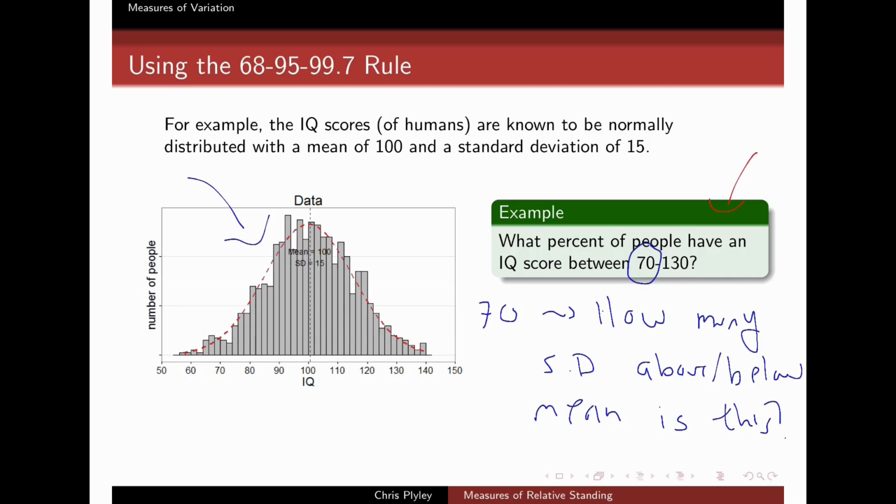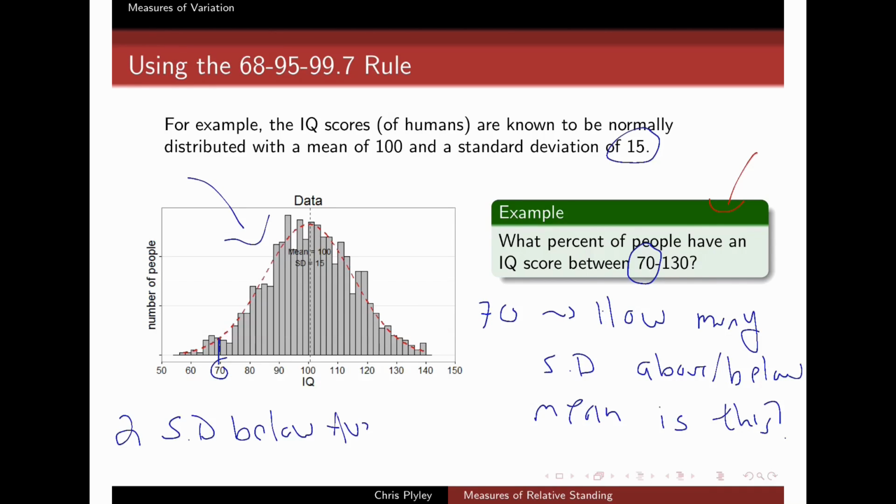So what I mean is if I take 100, how do I get to 70 by adding or subtracting 15? Well, of course, 15 times 2 is 30, and 100 minus 30 is 70.